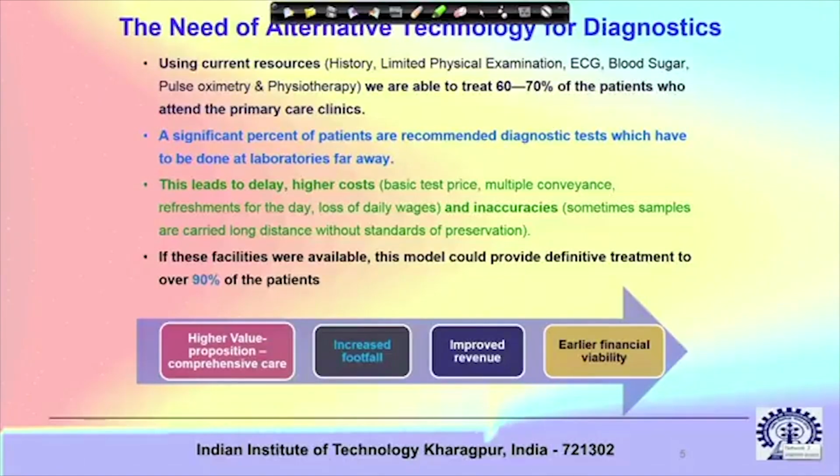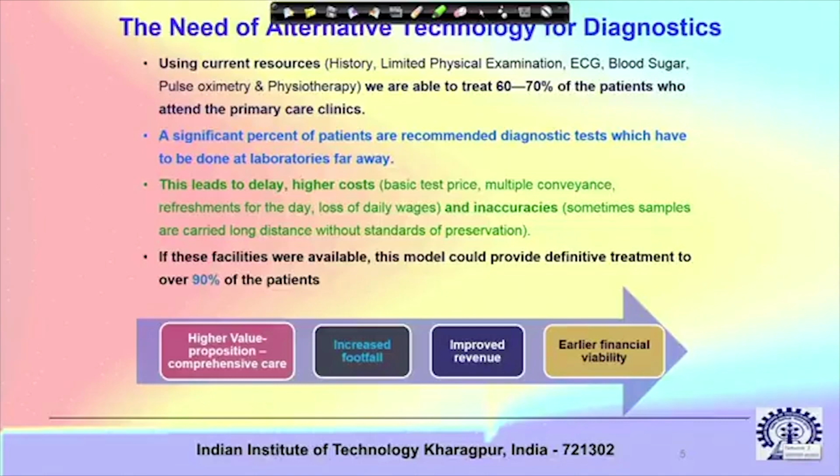The origin of this inaccuracy is that sometimes samples are carried long distances without standards of preservation, because sample preservation is a very important aspect of coming up with correct pathological results. So, if a blood sample is taken and it is transported to a distant place without being preserved properly, this can give rise to erroneous predictions.